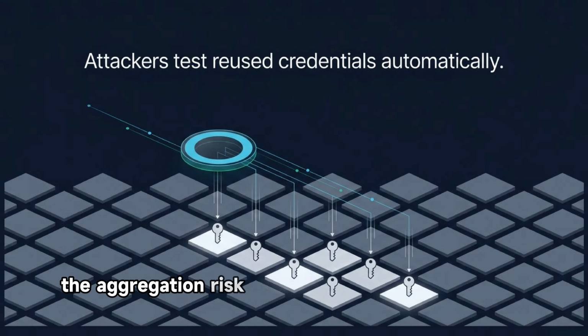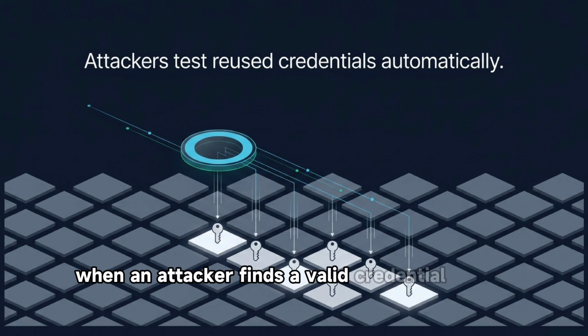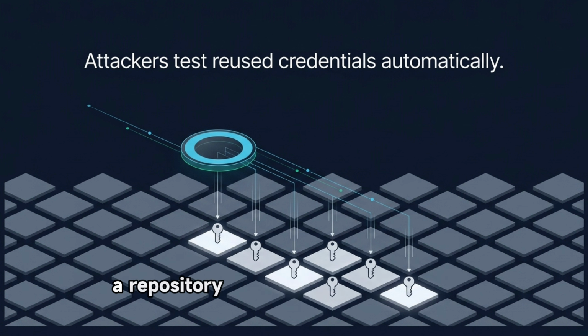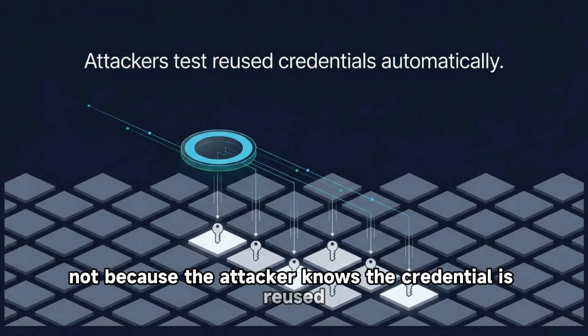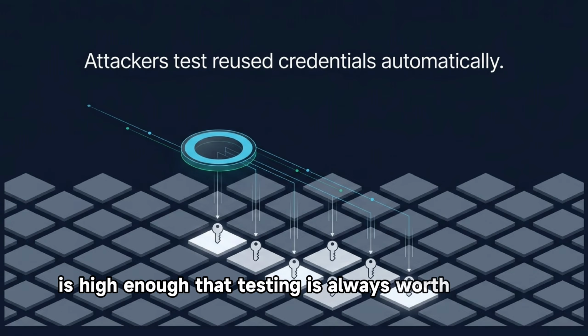The aggregation risk of secret reuse is most severe in the context of credential stuffing. When an attacker finds a valid credential in one place, a repository, a log file, a leaked database, the first thing automated tooling does is test it against a list of targets. Not because the attacker knows the credential is reused, but because the base rate of reuse across real systems is high enough that testing is always worth the cost.